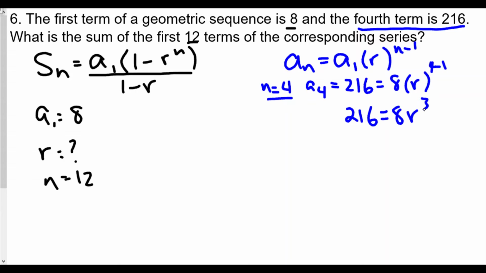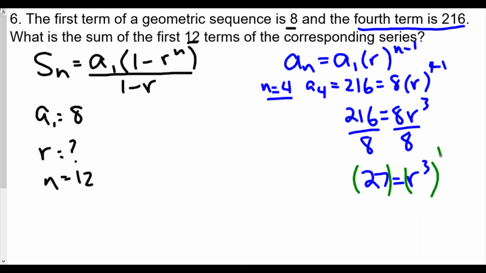Now, we solve for r, and we can use that to help us find the sum. We divide both sides by 8, and 216 divided by 8 is 27. So we're looking for a number raised to the third power that is 27. We can use the technique we used in number 4 of raising both sides to the reciprocal of the exponent, which is 1/3.